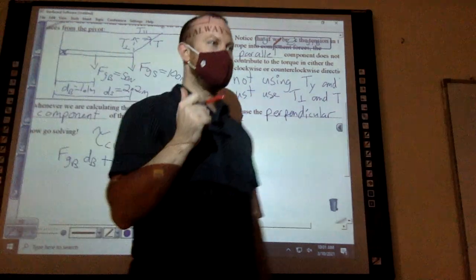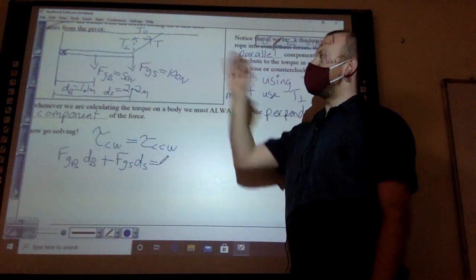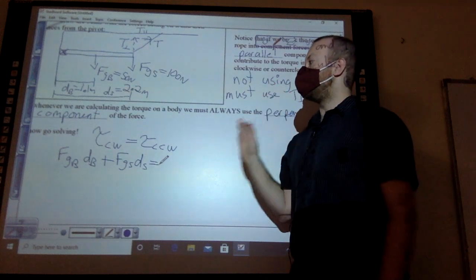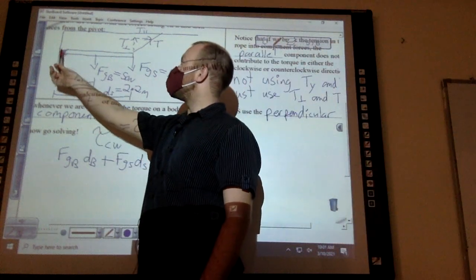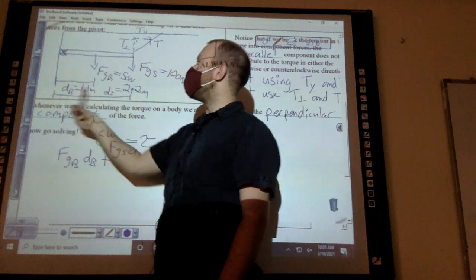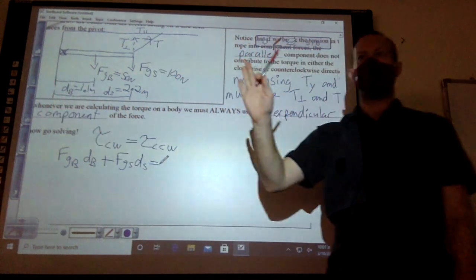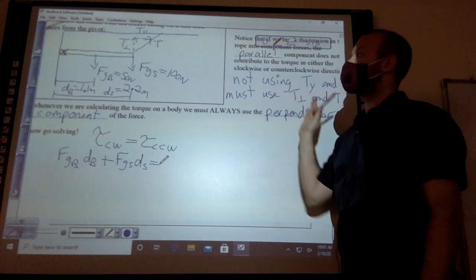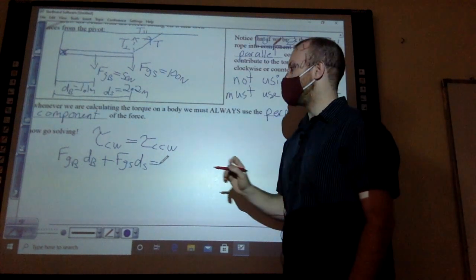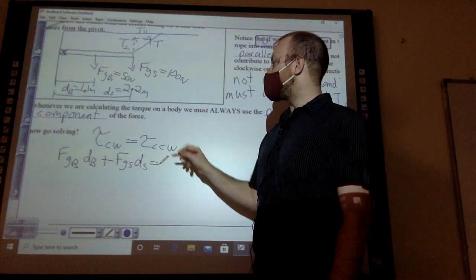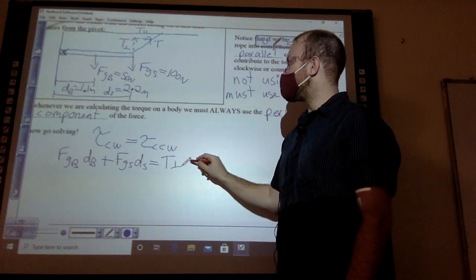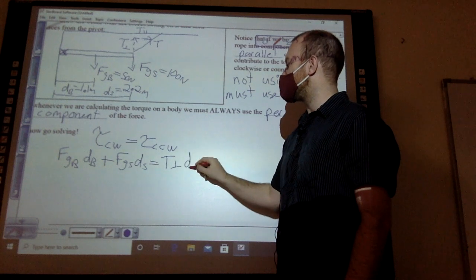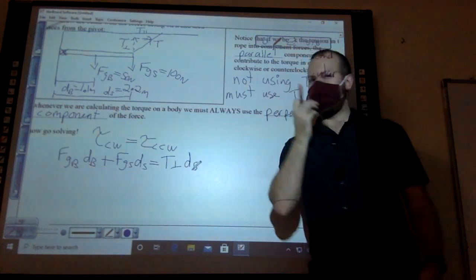And again, the distance is relative to my pivot point. So all distances need to be relative to my pivot point. So here's my pivot point. Notice each of my distances are from that pivot point. Not from the center of the beam, not from the other edge, always from the pivot. And this is counteracted by T perpendicular times the distance to that point, which is the same as ds.